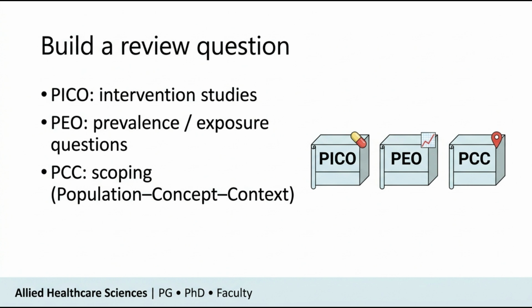For prevalence or exposure questions, use PO: exposure, outcome. For scoping, PCC. Your question decides your search keywords, inclusion criteria, and table columns. If the question is vague, everything downstream becomes messy.